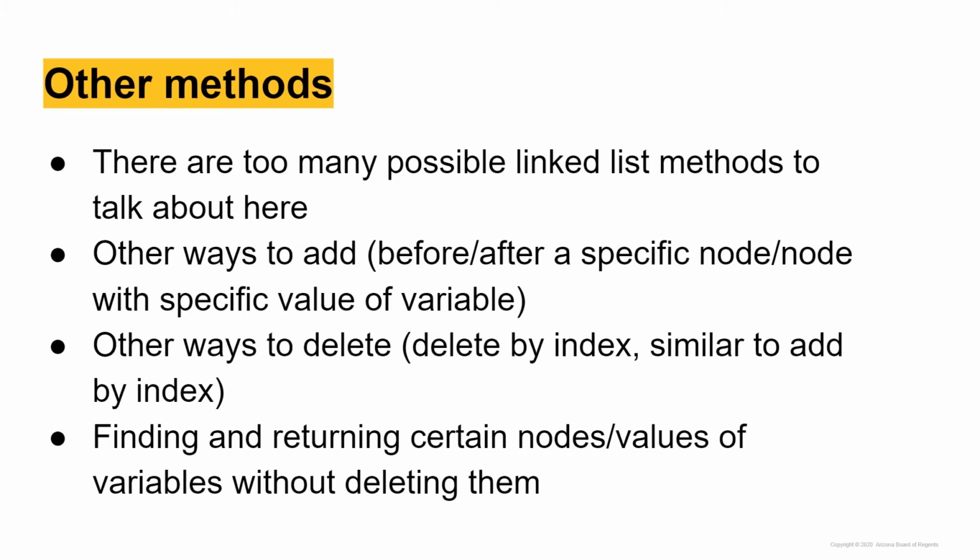You can add before or after a specific node or a node with a specific value, a variable, like we kind of talked about. You can delete by index, which is similar to adding by index. And you can find and return certain nodes or values of variables without deleting those. So just know that this isn't a comprehensive list of everything that you need to know or could want to know about linked lists. It's just kind of a basic review of how to add and delete from one.